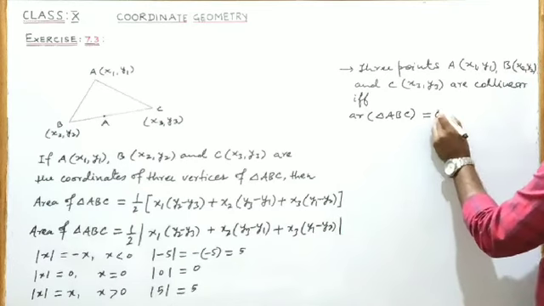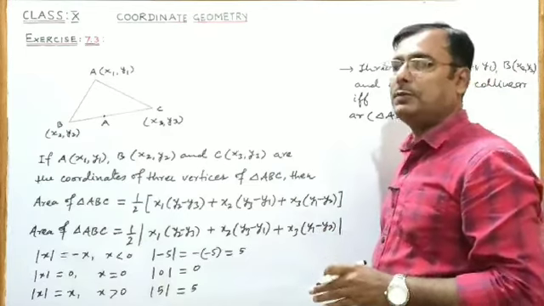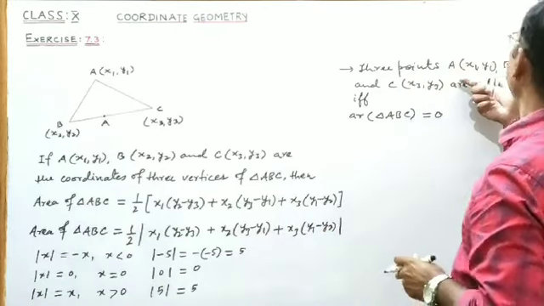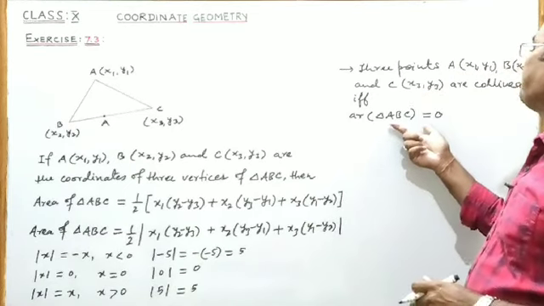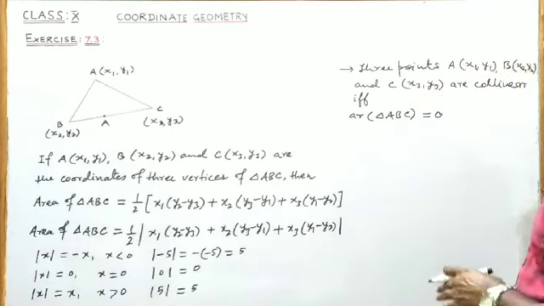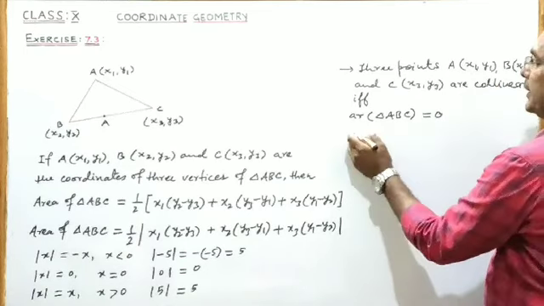Area of the triangle formed by joining 3 points x1, y1, x2, y2 and x3, y3 is equal to 0. Then these 3 given points become collinear.